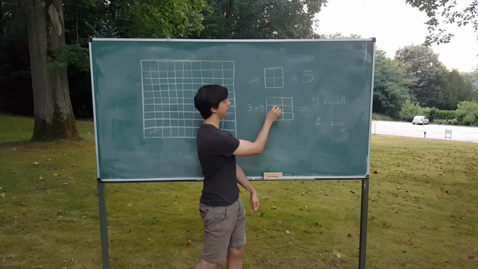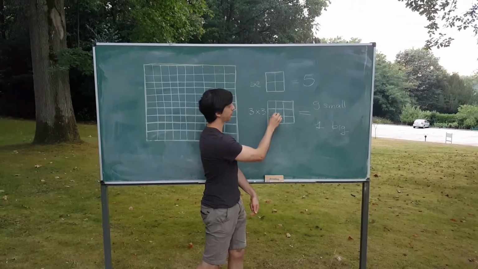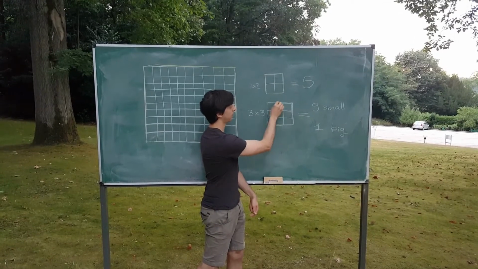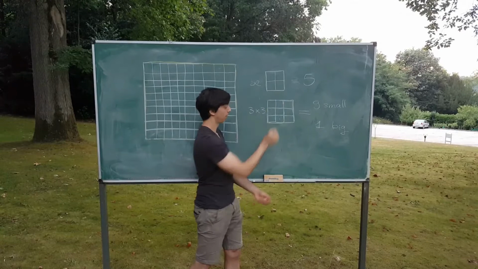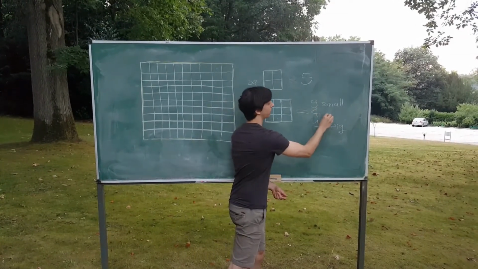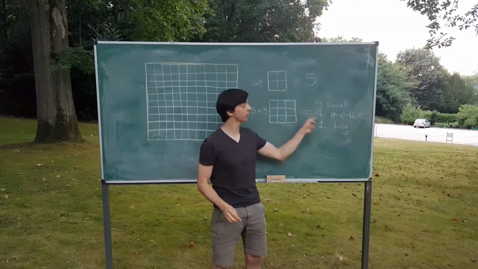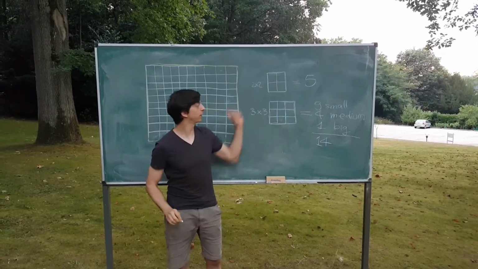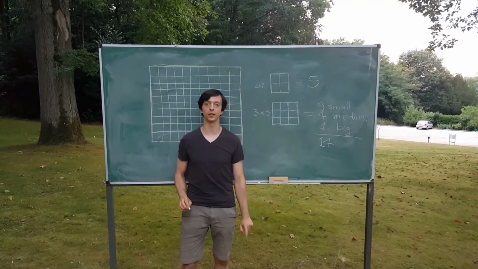That's one. That's the second one. That's the third one. And this is the last one. So I counted now 4 medium. If I take the total, that's 1 plus 9 is 10, plus 4 is 13. The answer for the 3 by 3 case that I found is 14.